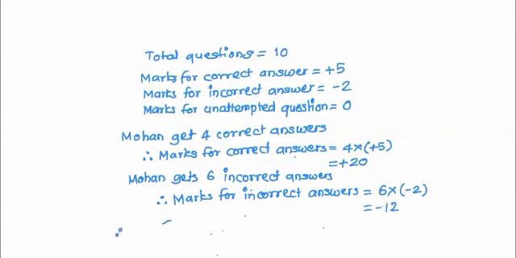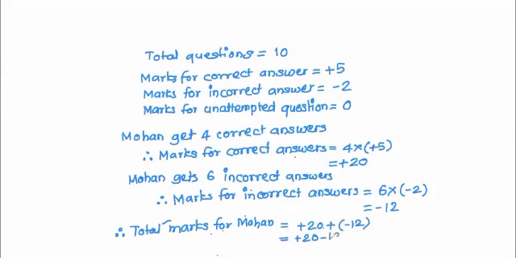Therefore, total marks for Mohan are equal to plus 20 plus minus 12. We'll rationalize the sign. We get plus 20 plus minus, different signs result into minus 12.